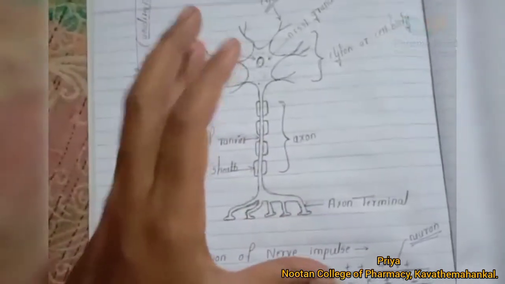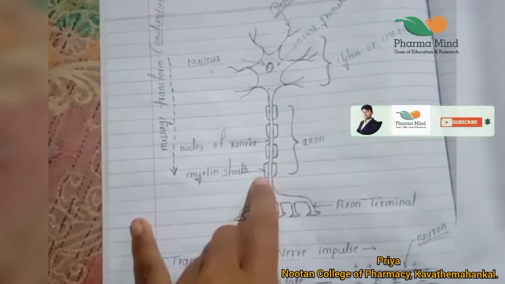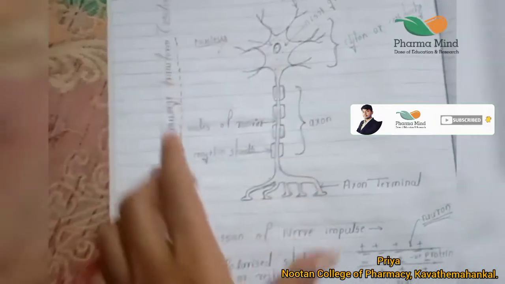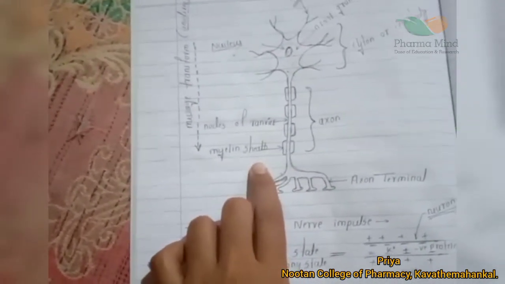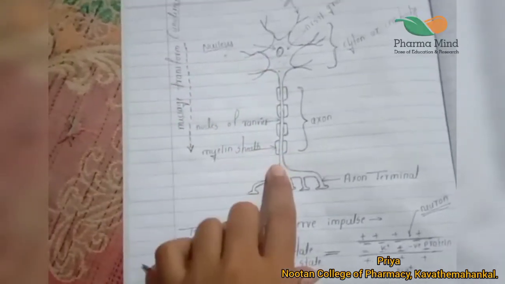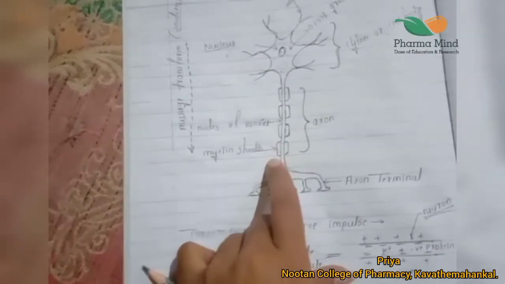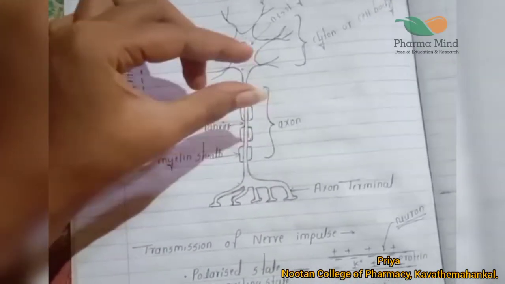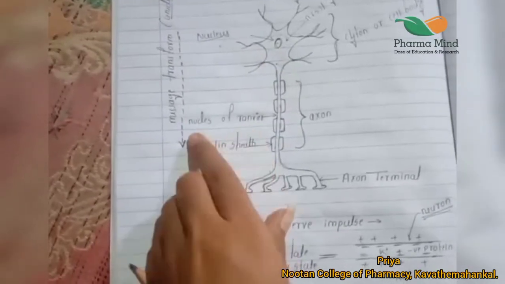First, think that the myelin sheath in the central nervous system is produced by the oligodendrocyte cells, and in the peripheral nervous system it is produced by which cell? Schwann cells. And in between two myelin sheaths there is a node of Ranvier.